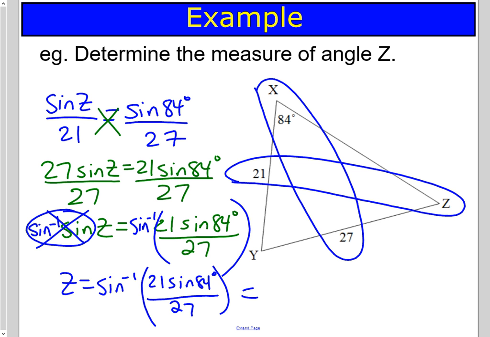Second function sine, bracket 21 sine 84 divided by 27, bracket equals, and I get 50.67, so I'll call that 51 degrees. Awesome. So hopefully that's what you ended up with too. So the sine law is just about ratios. It's just about setting up your ratios in order to solve the piece of information that you're looking for.